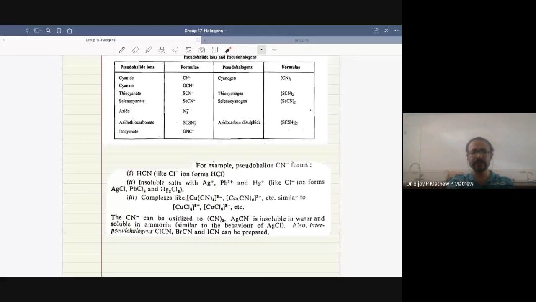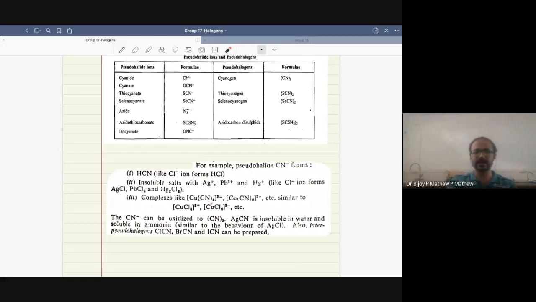Here I would like to bring to your notice that many of the organic reactions involving the addition of halogens across a double bond to form vicinal dihalo compounds can be extended even to the pseudo halogens. The same reaction that halogens undergo can be undergone by a pseudo halogen to form analogous compounds.